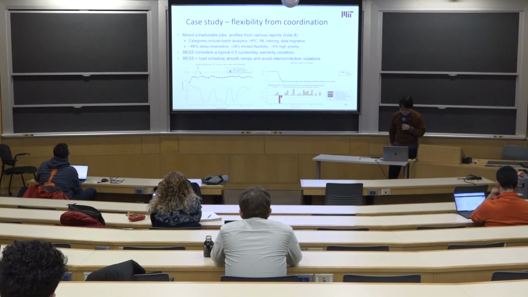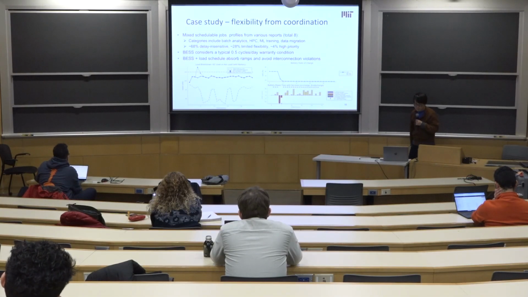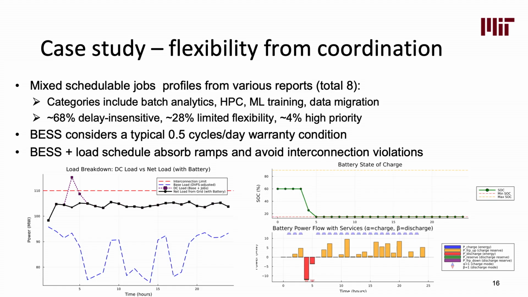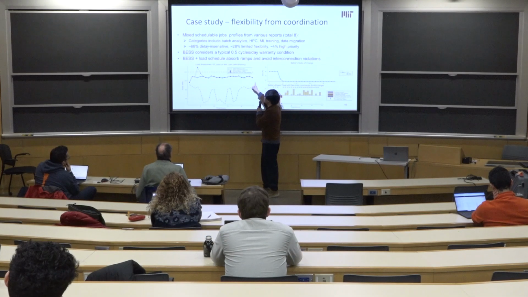And the result is actually quite interesting. We set roughly 2/3 of the schedulable loads as delay insensitive, and some of them are higher priority with less flexibility. In the results, we can see that the net load is quite flat.